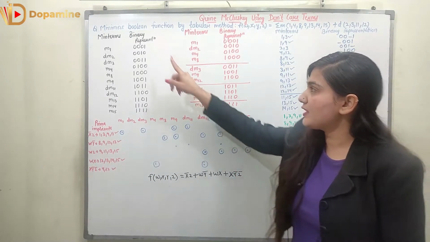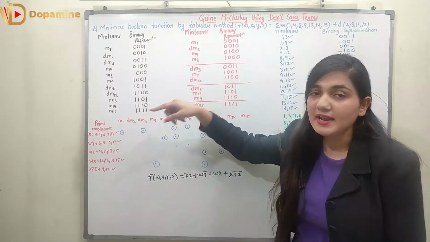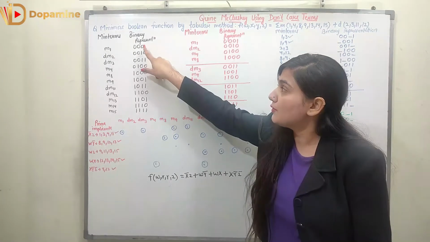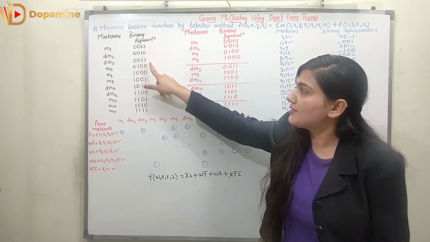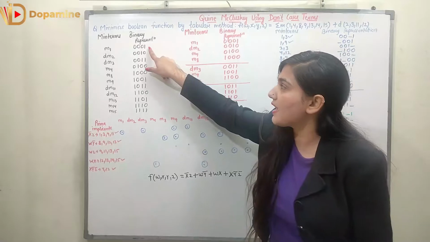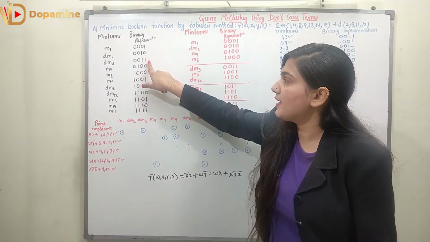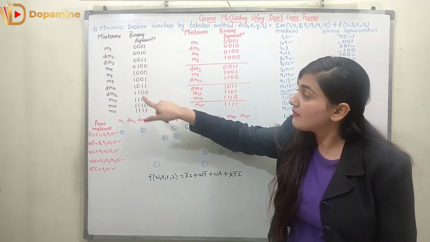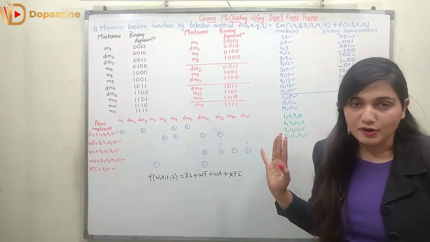If you see all of the min terms, can I have any min term with 0 ones in the binary? No, there is no min term with 0 ones. Here you can see 1 one, 1 one, 2 ones, 1 one, 1 one, 2 ones, 3 ones, right? So 0 ones are not present.